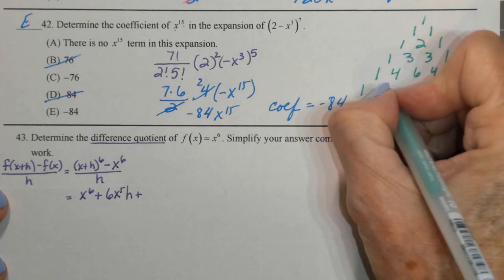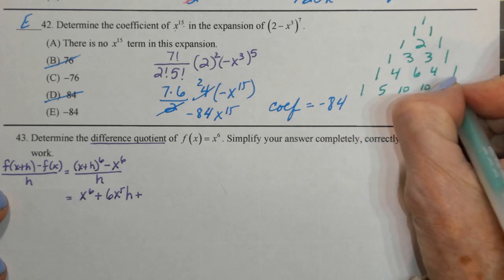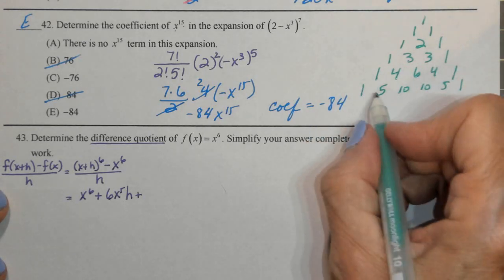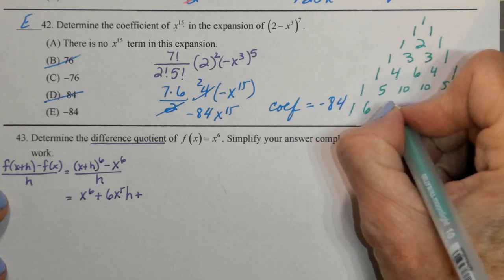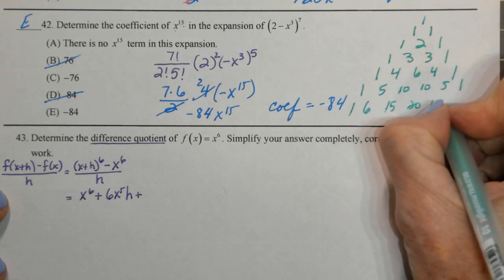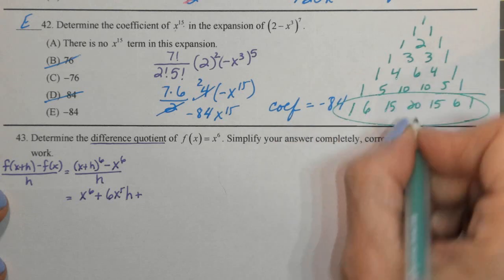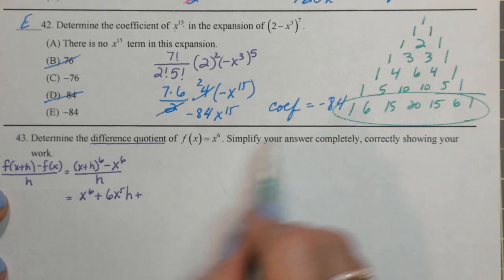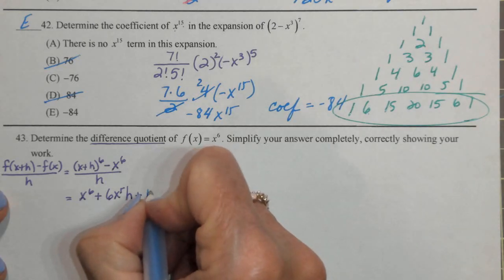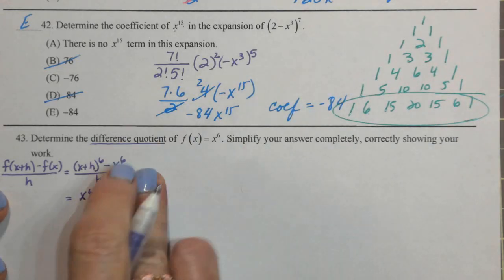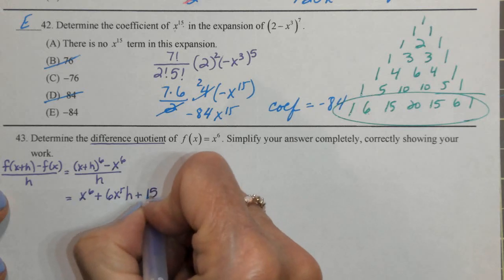It doesn't take long to do this, right? And we just need to go to the 6th row. Here's the 5th row, so one more row will be the 6th row. So there's the 6th row. I got the 1 and I got the 6. And now we're going to get the 15. Oops, wrong color. 15.